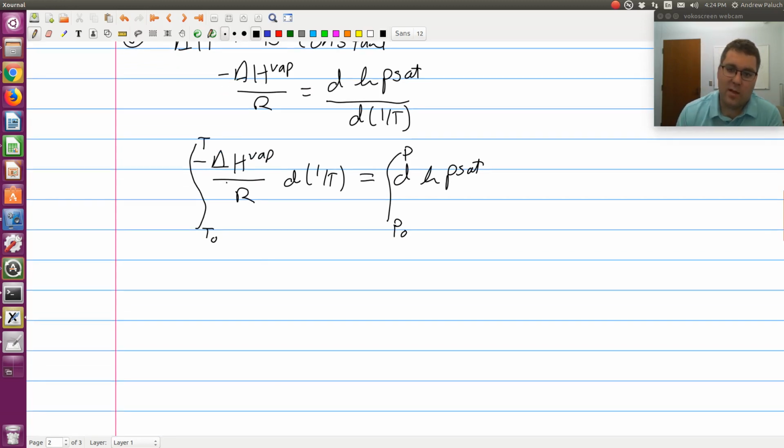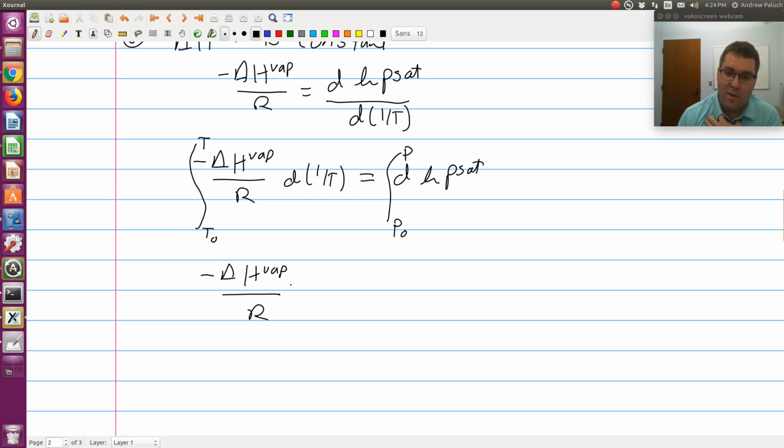Looking at this left-hand side, this is just constant, so it can come out of the integral, and I get negative delta H of vaporization over R. And now the integral of inverse T is, what is that? Log ratio of temperatures?